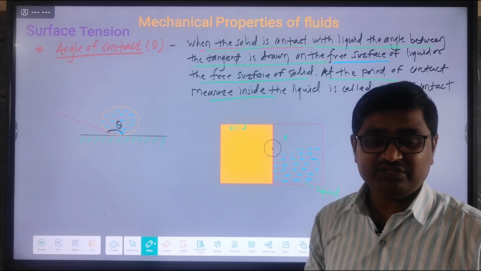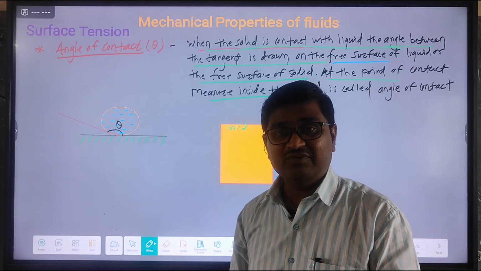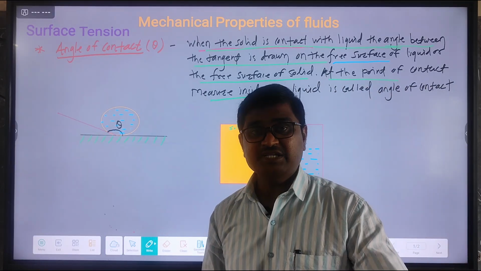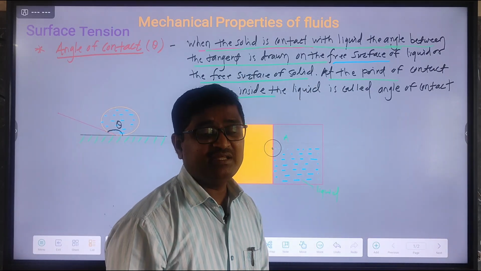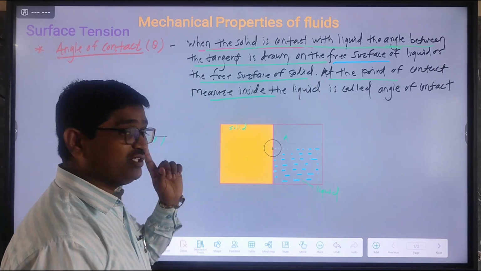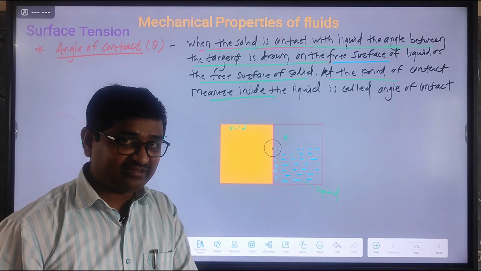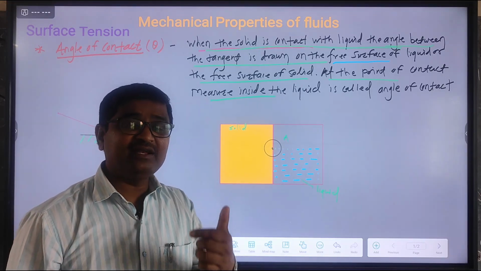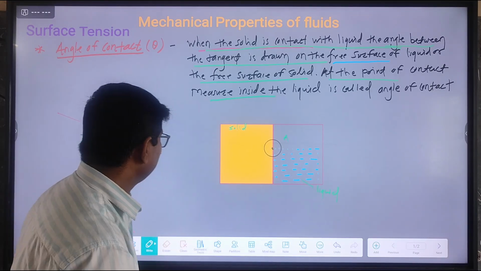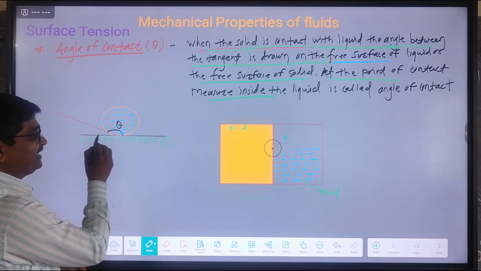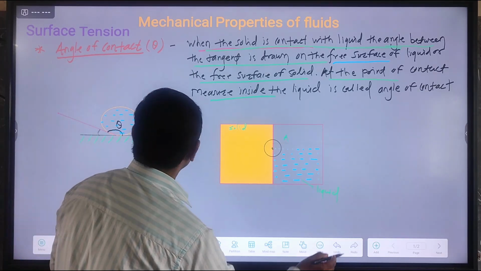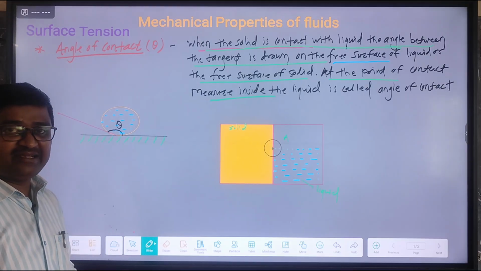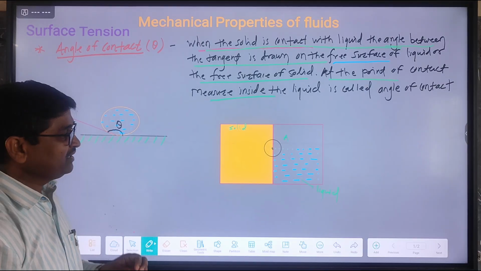That is very important. When we draw the tangent, the angle of contact is measured inside the liquid. So this is not the angle of contact. The angle of contact is measured inside the liquid. Is the definition of angle of contact clear?